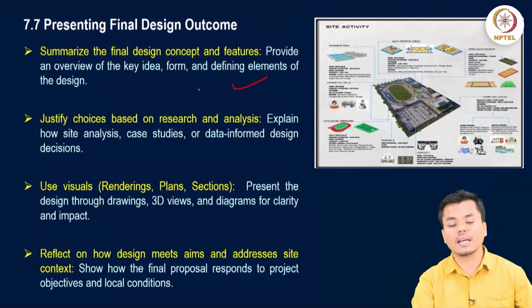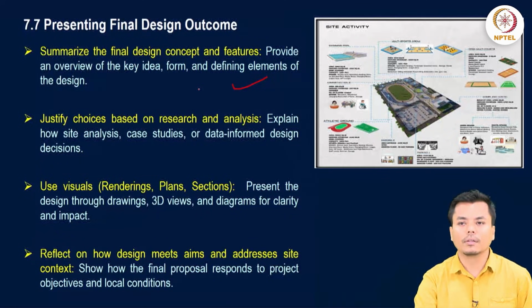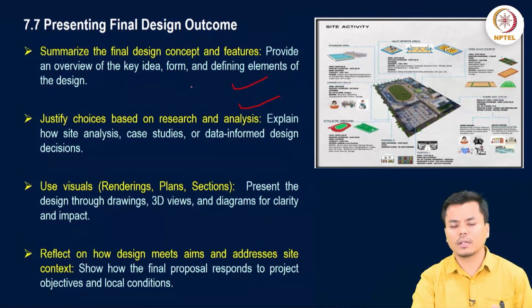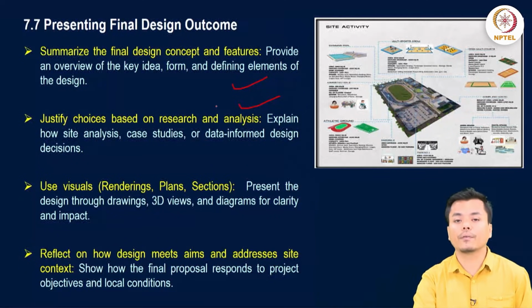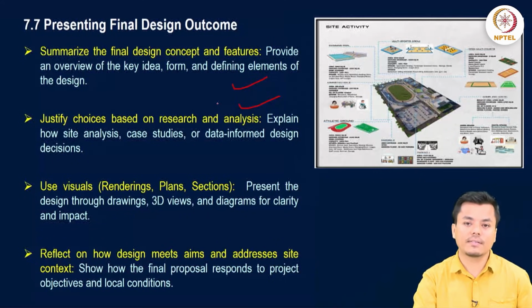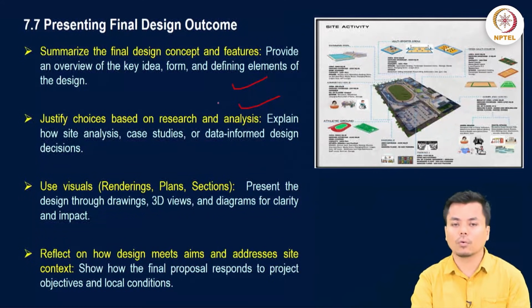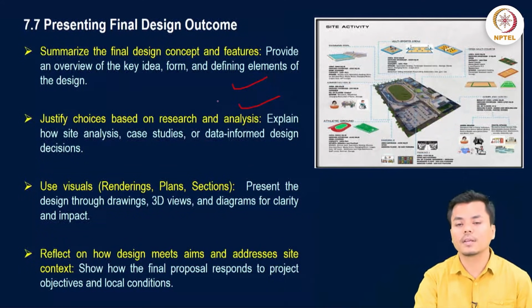The previous stages that are present before you arrive at the final stage have to be documented and presented in detail. You have to justify the choices based on research and analysis. Whatever form or shading devices you have used, whatever material you have used, all these decisions have to be justified through research that you have done before you finalized them.